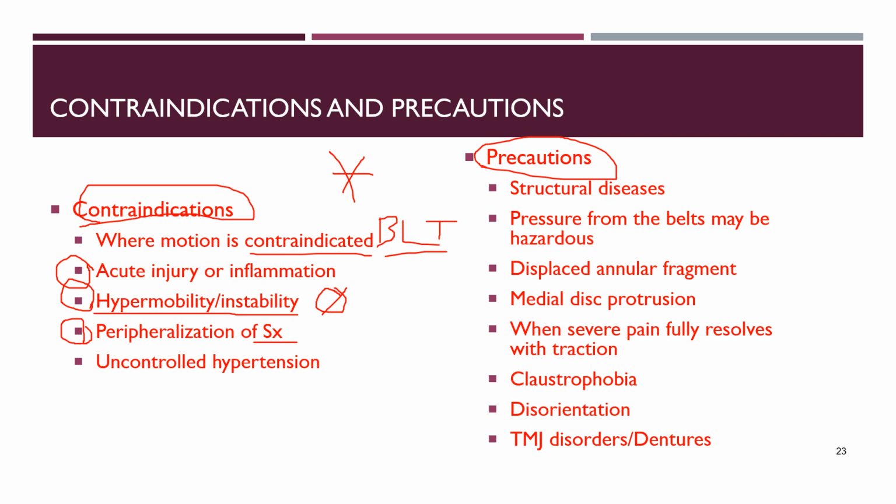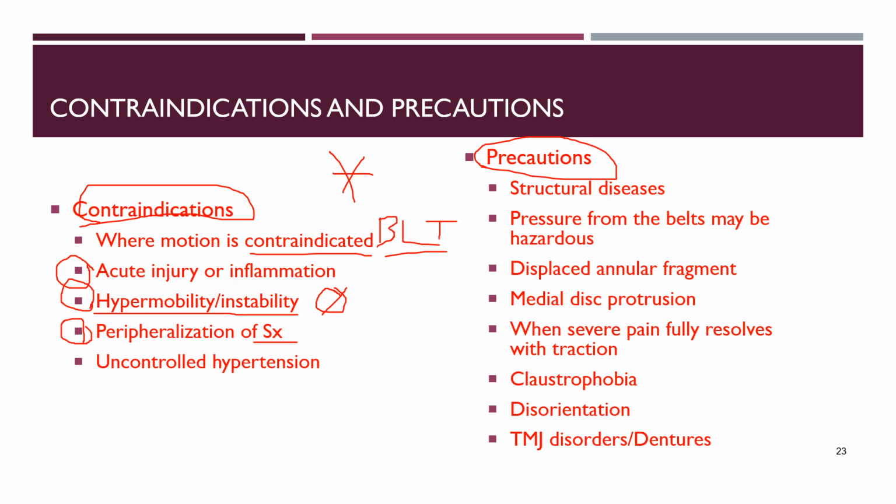So we want the pain to centralize. We want it to get closer to the area where the lesion is at. Let's say somebody is on traction, they reported pain in their anterior thigh, down into their lower leg. You put them on traction and they're like, well, the pain is not so much in my leg anymore, but it's really close to my hip and my low back area. That's a good sign.